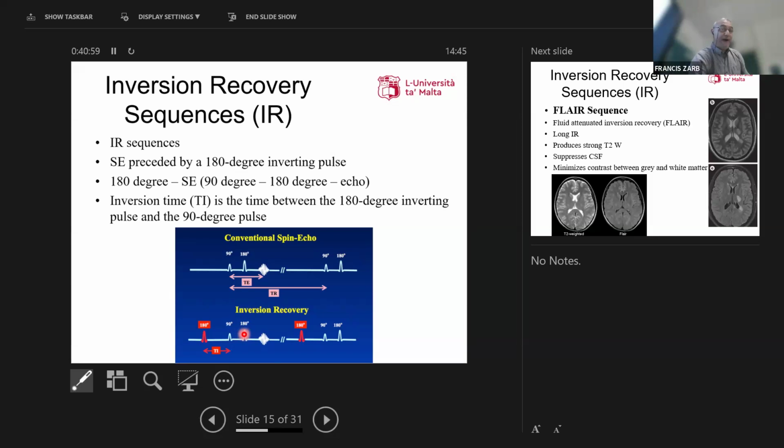Manufacturers might have different RF pulses to make this happen. With timing between the first 180, the 90 and the second 180, so that when they take the signal, normal fluid is still where it started, so there is no signal, and pathological fluid has signal. Okay?